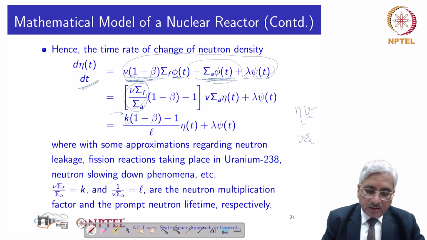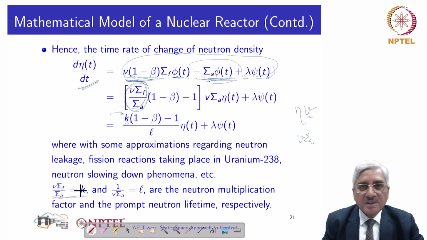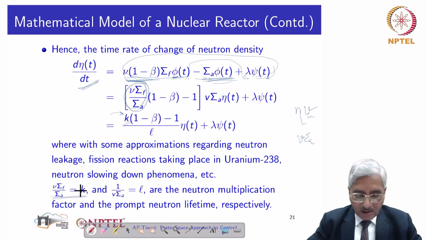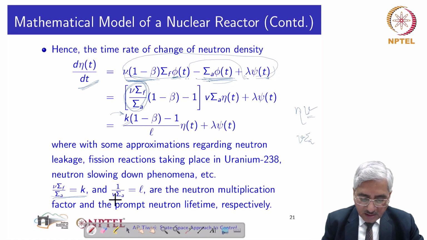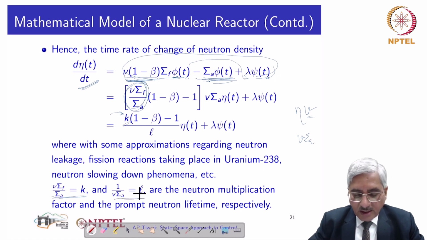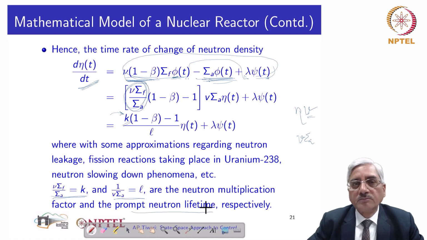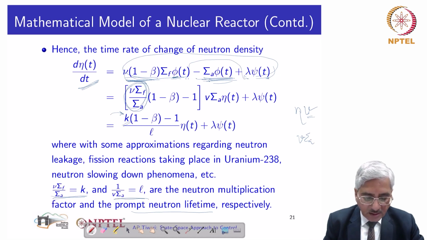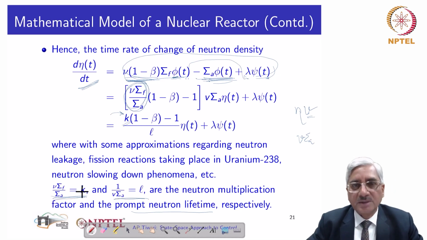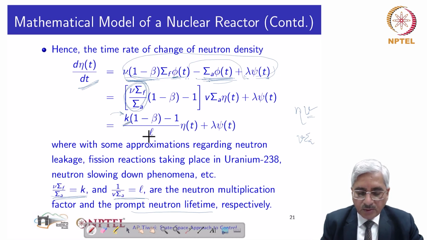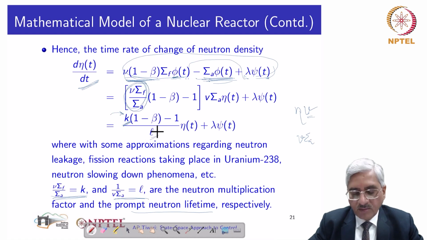So this is not the exact expression for K, but for our purpose we take it as the expression for K. And similarly, this is not the exact expression for L, which is called the prompt neutron lifetime. It is slightly different than this, but we take these two expressions as valid for our purpose. In fact, we will not use these expressions. We assume that K is known and L is known.